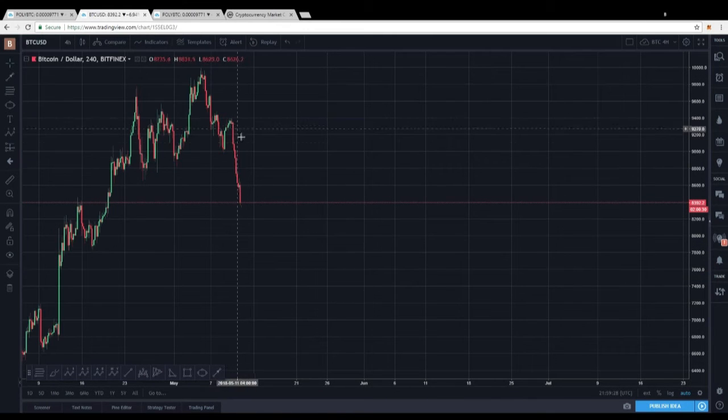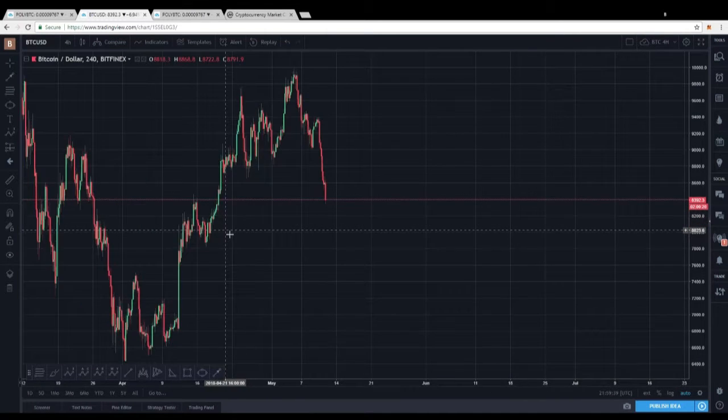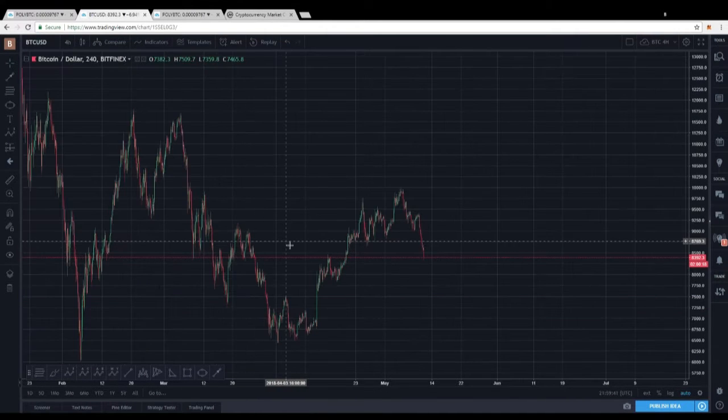And as you can see from the big red drop here, Bitcoin has not had a good last few days. The price is just plummeting right now. So I want to take this chance to give you guys some hopefully good news in what looks to be a massive dumping sell-off.